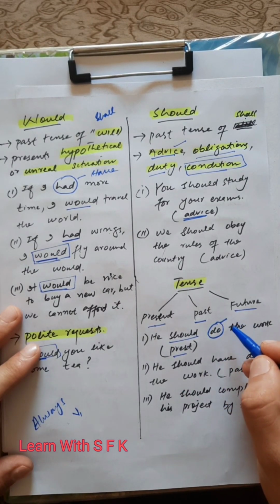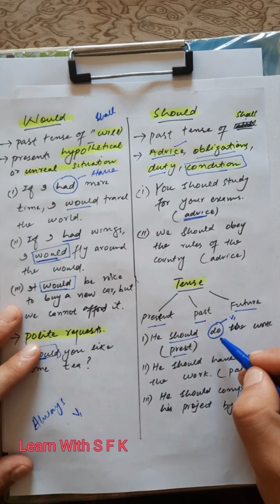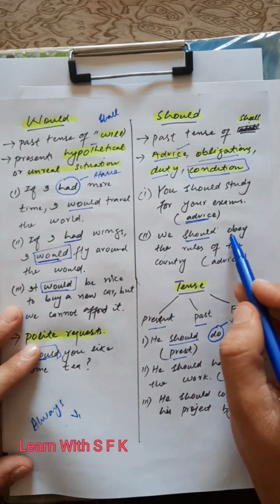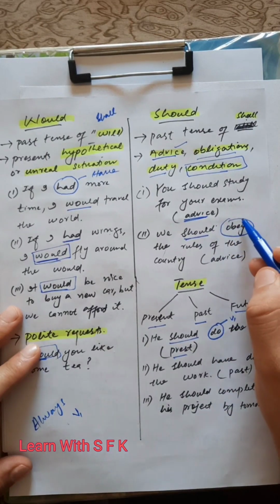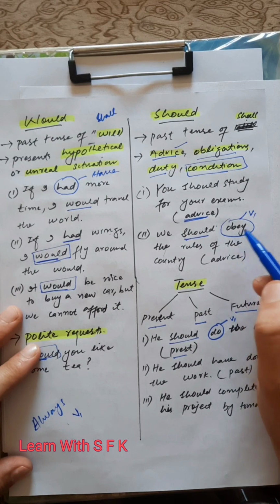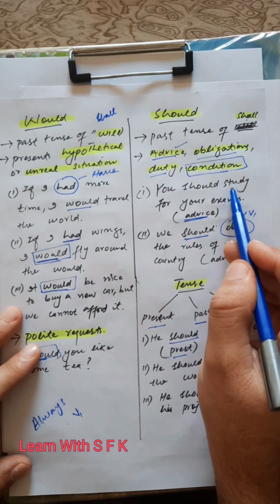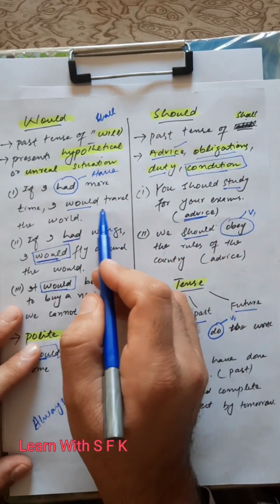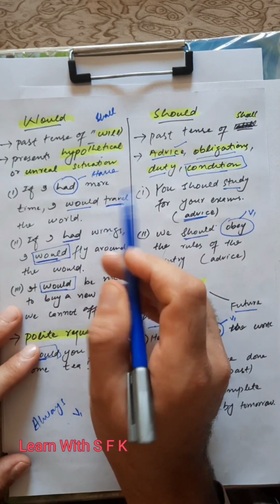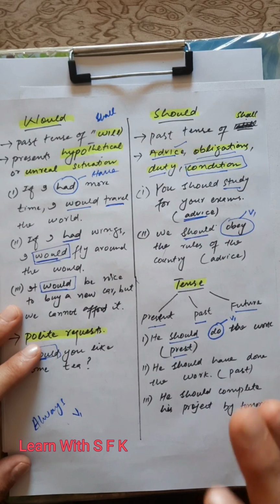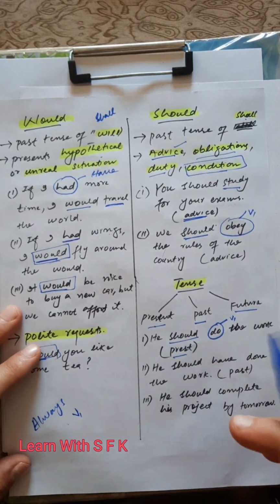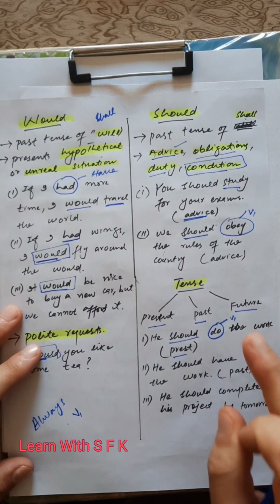So here you can see we have used it in V1 form: obey, do. We can see that after the modal verbs we have used the main verb in V1 form. Here we have used study, V1 form. Here after would we have used travel. So you always have to use verbs coming after the modal verbs in V1 form, the base form of the verb.